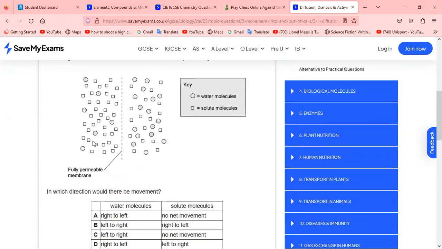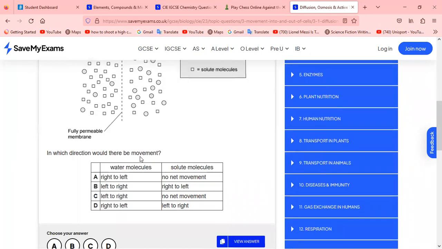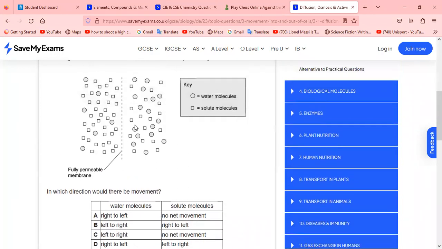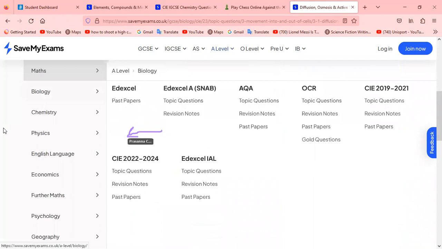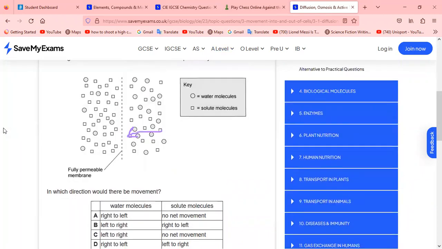Wait, isn't it left to right? No, right to left, because there's more water here. Okay, yes, sorry, I thought the squares were the water. And solute molecules will go from left to right by diffusion. So it's D.